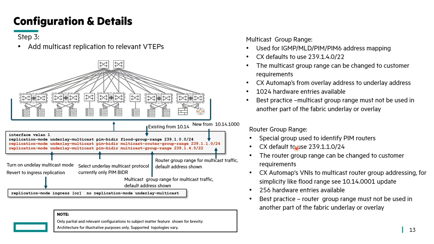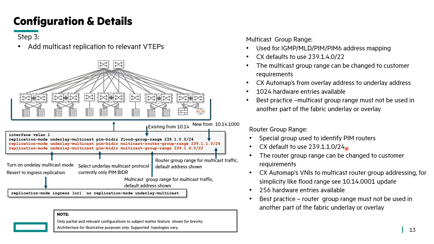This address range is used to identify the PIM routers when you've got layer 2 with layer 3 upstream PIM routers. And the address range that CX defaults to is 239.1.1.0/24.